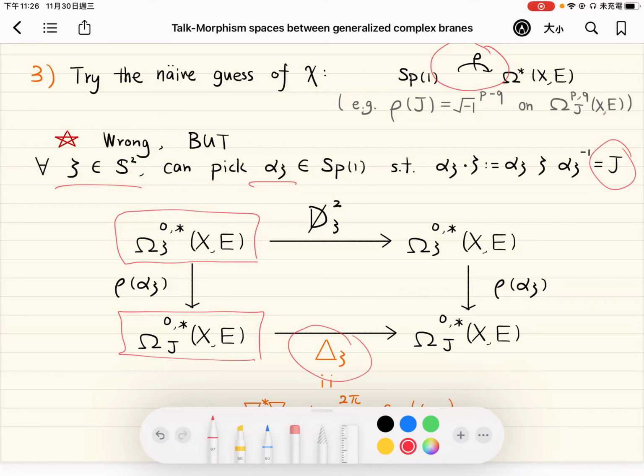But now we identify all the spaces to a single space, the space of L zero star forms with respect to J. Then what varies is only the second order operators. I call it delta theta here.